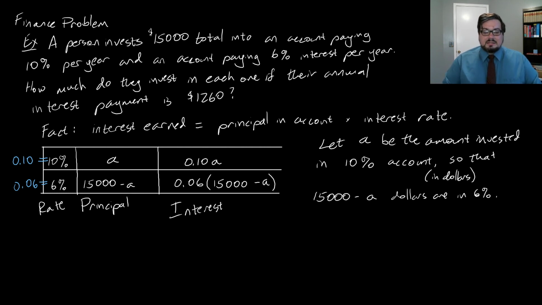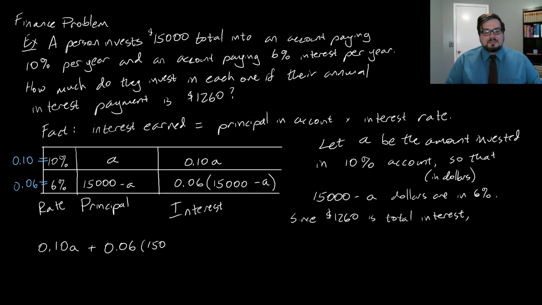So, since $1,260 is the total interest per year, we can write down that 0.10A plus 0.06 times (15,000 minus A) is equal to 1,260. Because the total interest in the first account plus the interest in the second account has to equal the total interest between both of them.